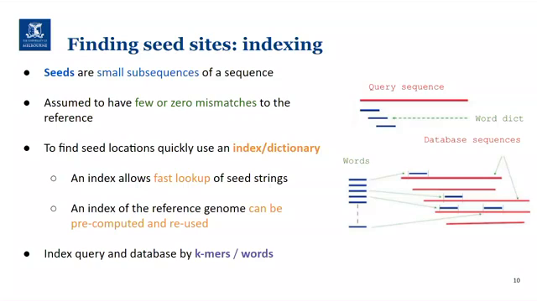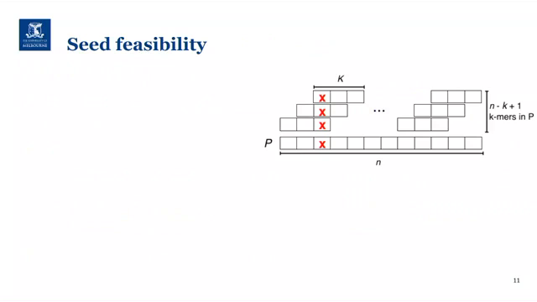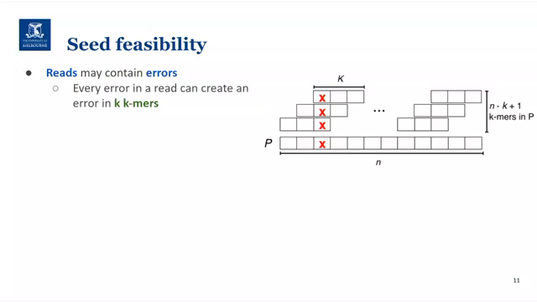And in this case, for BLAST, the indexed query database is based on k-mers or words of a given size. And of course, there is also an issue with seed feasibility, as NGS data can have errors. Every error in a read, let's say you have a read of size n and your k-mer is size k, so an error in a given position can affect up to k k-mers.